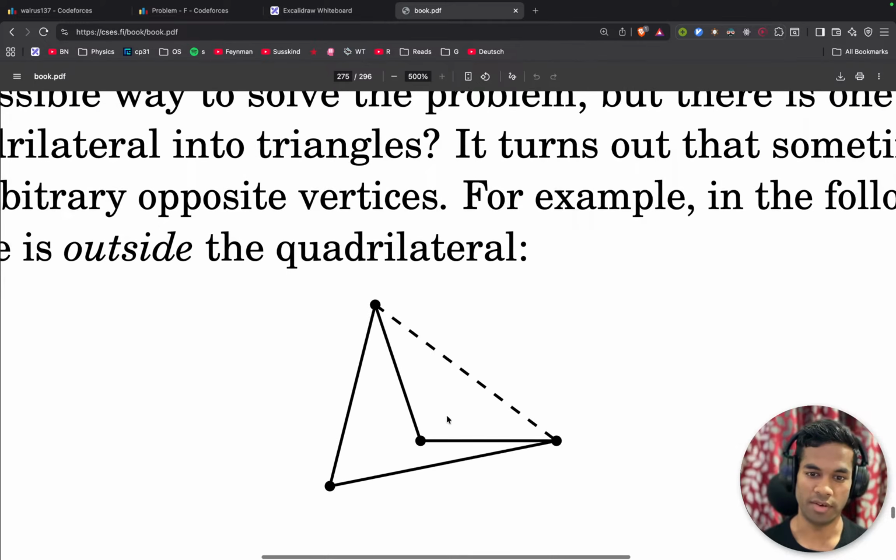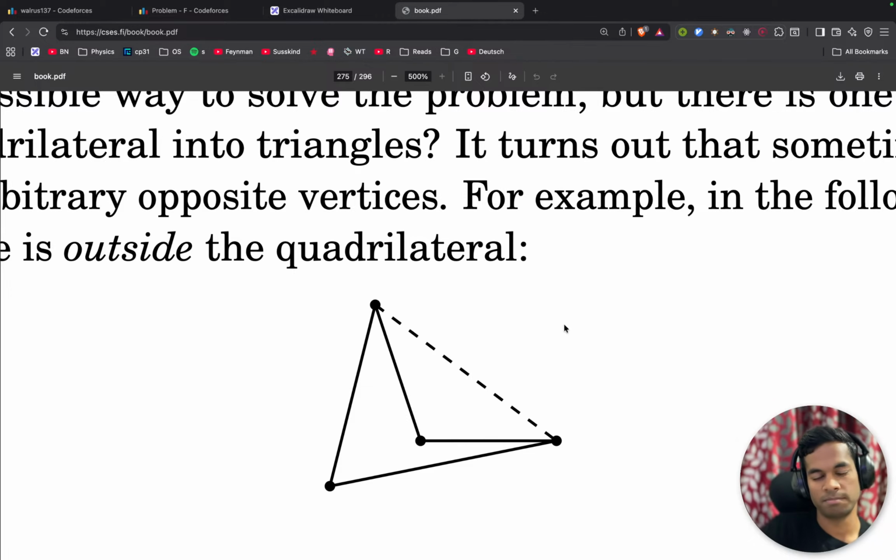What if we have something like this? That makes sense. If the points are like this, what do we do?